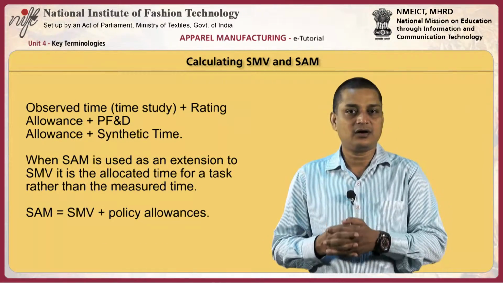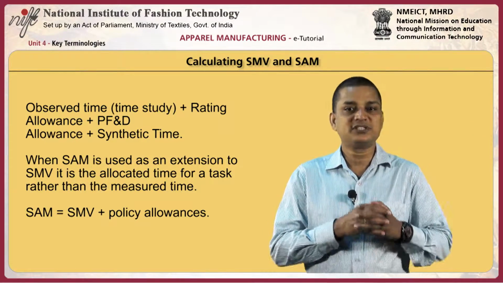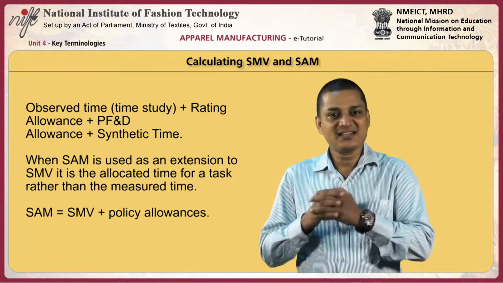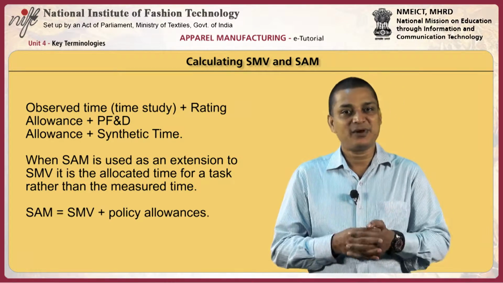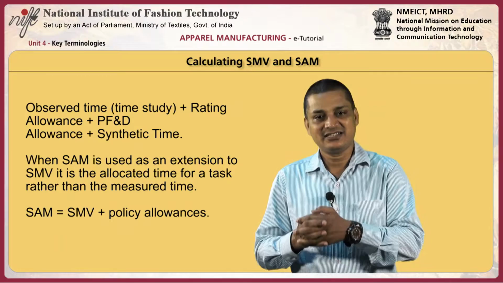Standard allowed minute or single minute value is generally calculated as observed time, what was done during the time study, plus rating, allowances, plus personal, fatigue and delay allowances, and synthetic time.